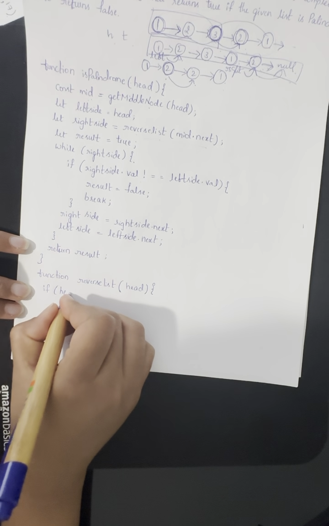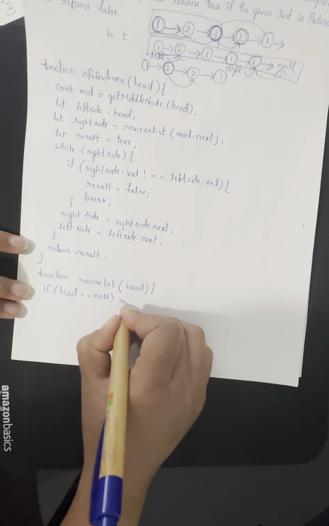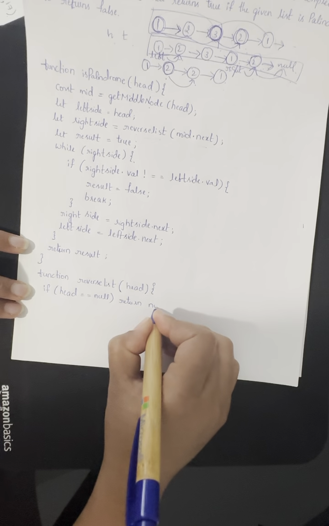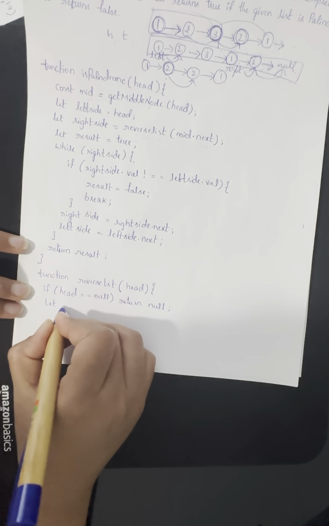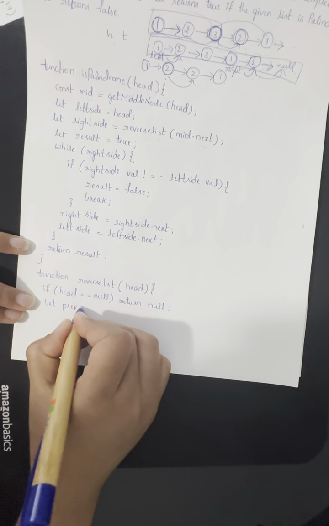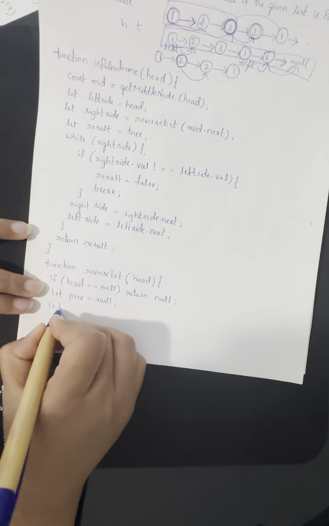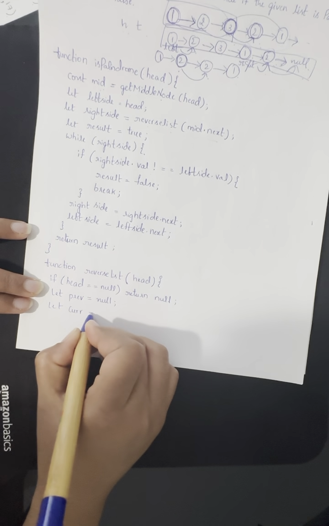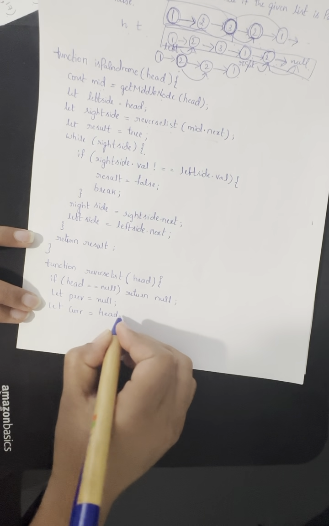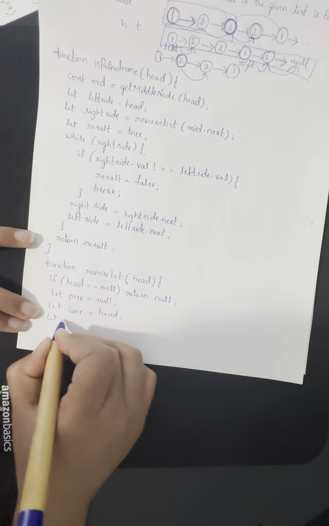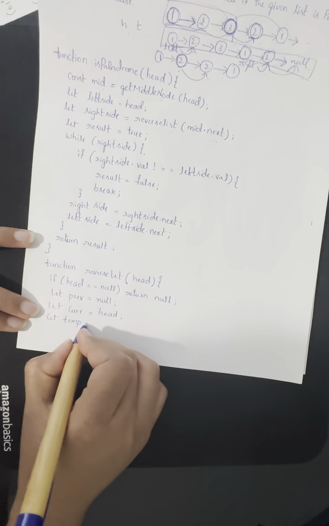So if head is null, then we'll just return null. If it is not null, then I'm declaring a variable called previous, which I'm initializing to null, and also a variable called current, which I'm initializing to head. And also let's have a variable called temp, which stores the temporary values.